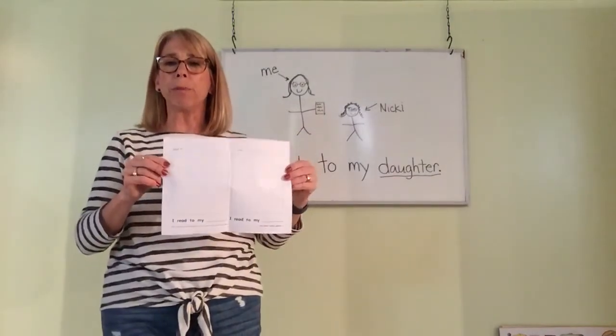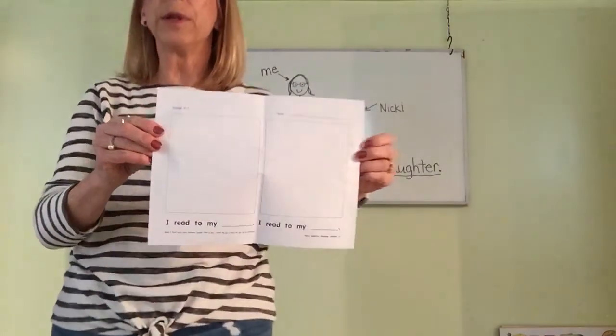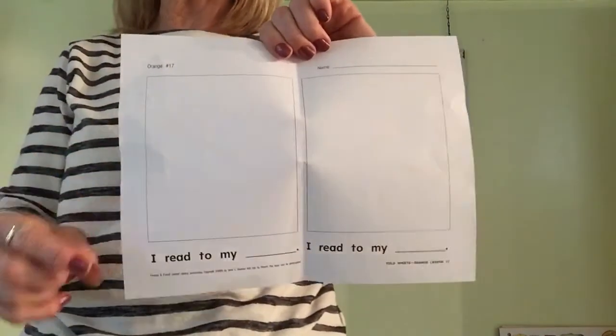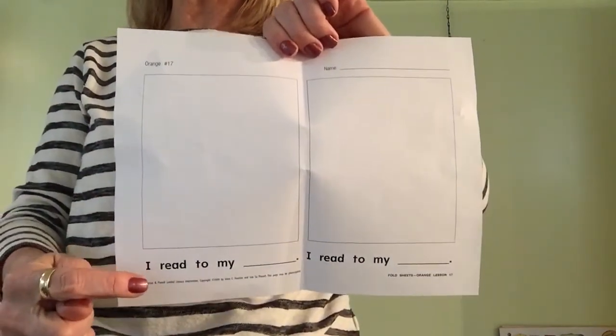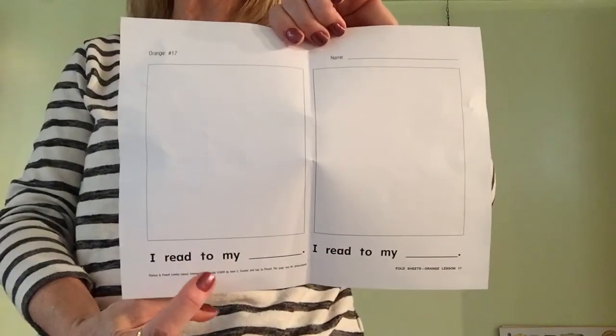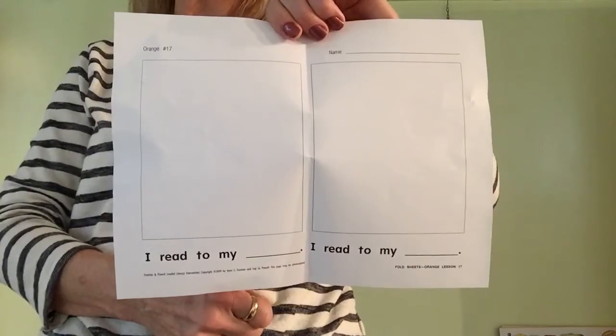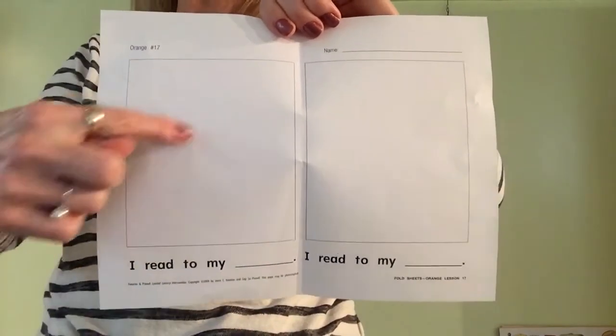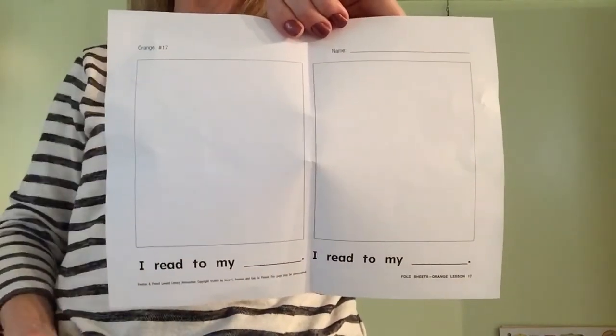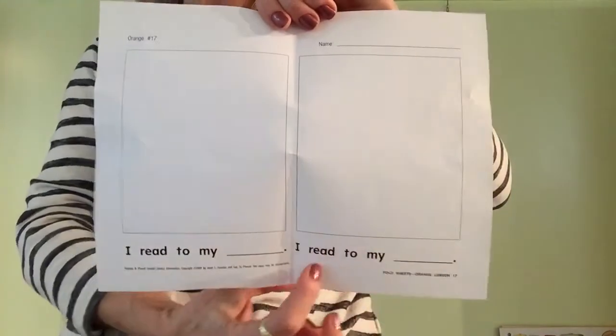So we've done these before. I'll hold this up close, okay? And there is how you're going to write your sentence. I read to my, and there's the line, and that's how you're going to fill it in. And that's going to be one picture here. And then on the other side, you're going to do another one.